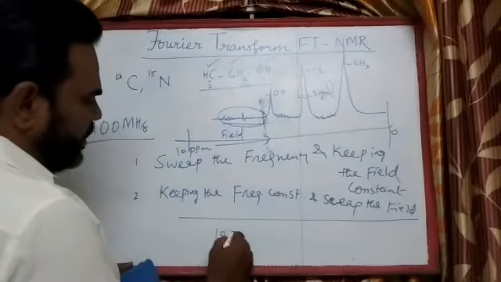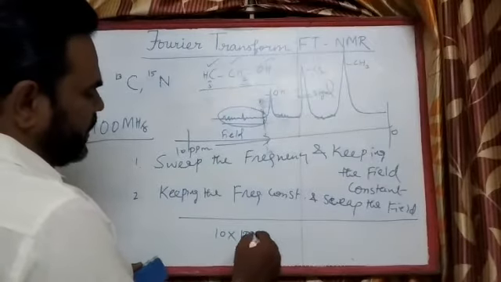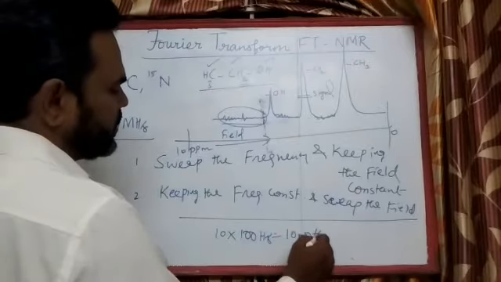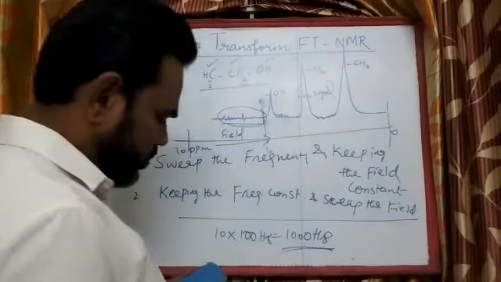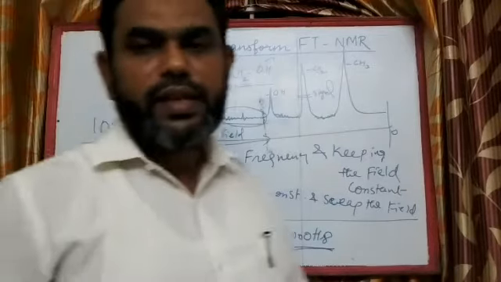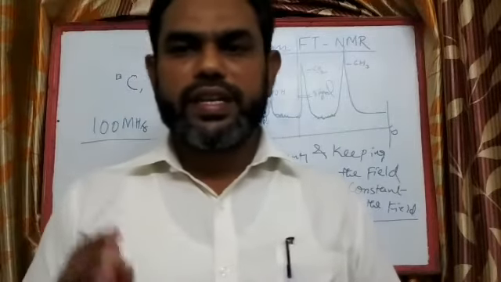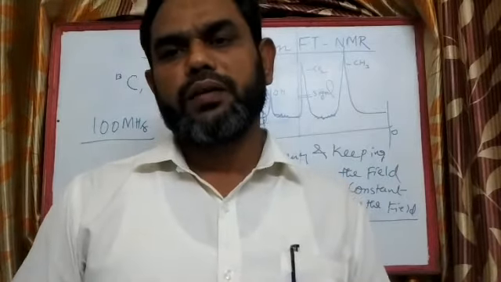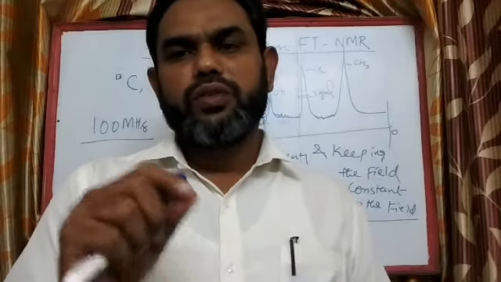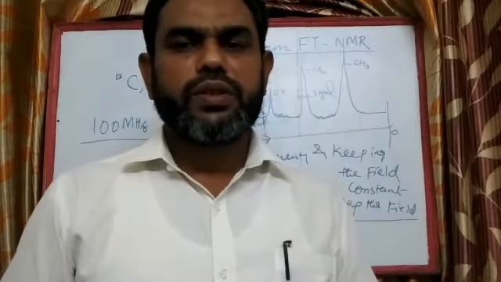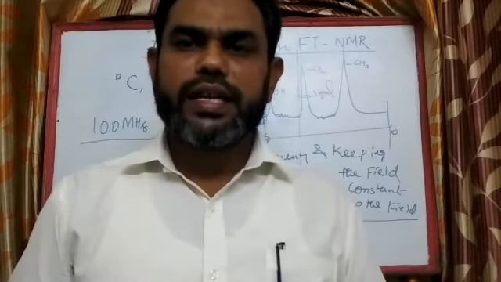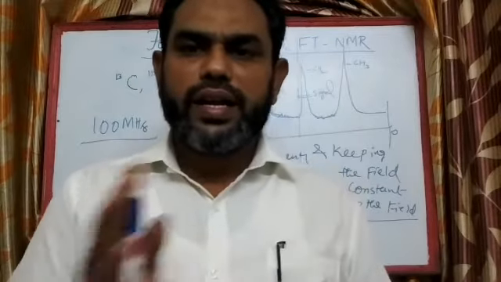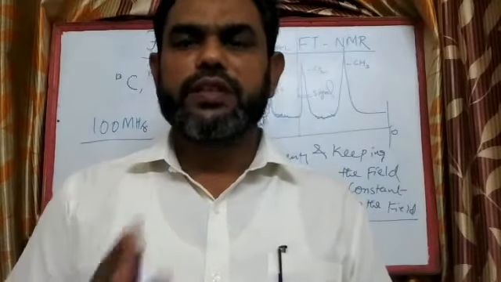Then 10 ppm into 100 hertz, you will have to apply about 1000 hertz, and each sweep takes about 16 minutes. So you will have to sweep this 100 times. 1600 minutes are required to sweep to get a clear, intensified spectrum.